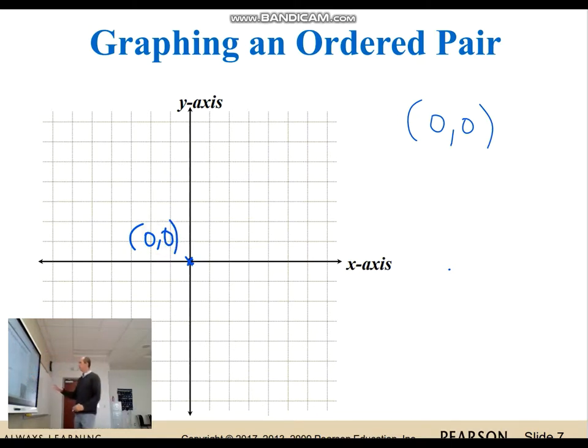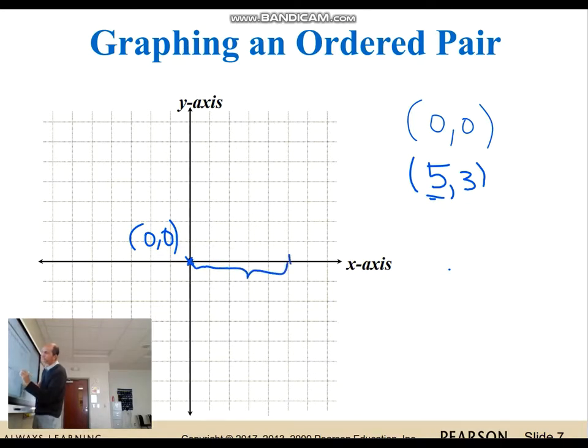And another example, let's say we have 5 and 3. This ordered pair 5 and 3. We start here from the origin, 0, 0, and we will move. The first number in the ordered pair is the x coordinate. That means we will move 5 units to the right, starting from 0, 0. 1, 2, 3, 4, 5.